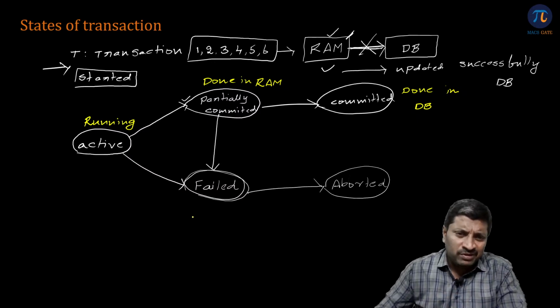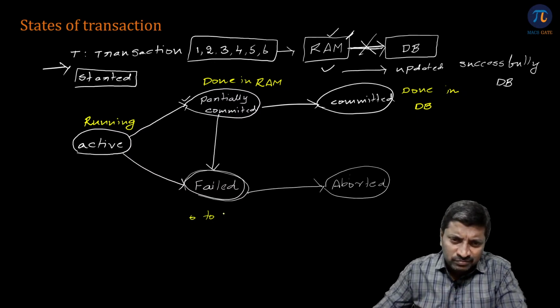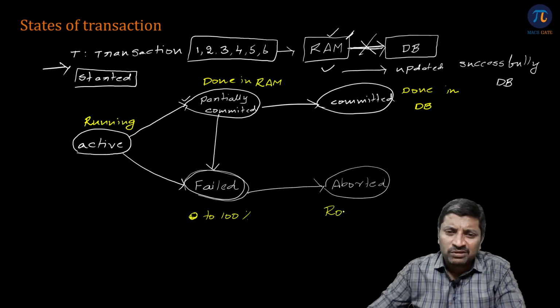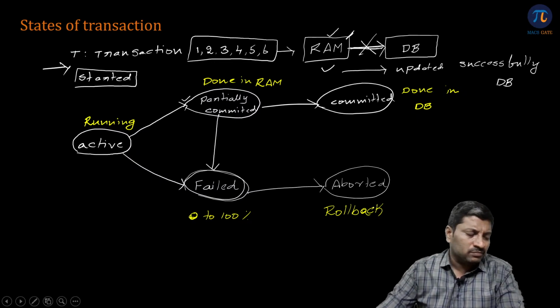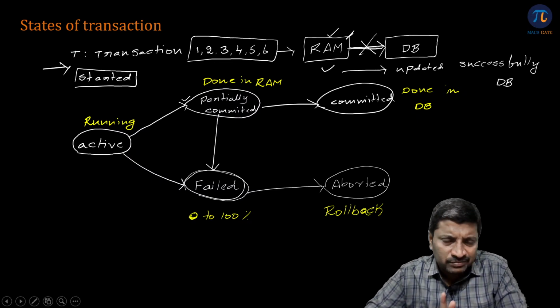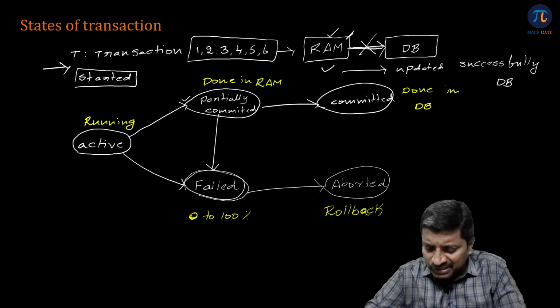Failed, whatever it may be, is 0 to 100%. Then what are you supposed to do? Start from the beginning. Rollback. So they are the states of the transaction.